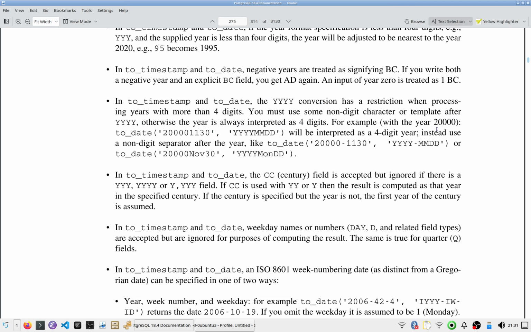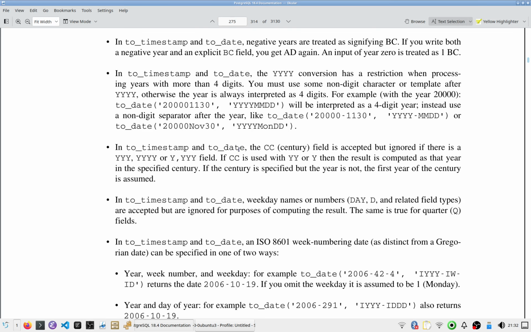For example, with the year 20,000 and this date, 20,000 30th November, YYYYMMDD will be interpreted as a 4-digit year. Instead, use a non-digit separator after the year, like to_date('20000-1130', 'YYYY-MMDD') or to_date('20000 Nov 30', 'YYYY Mon DD').